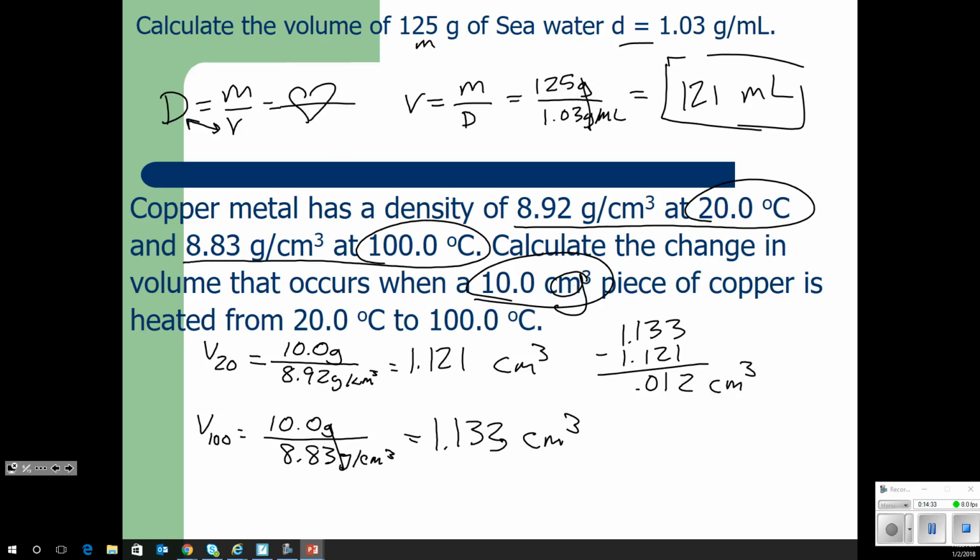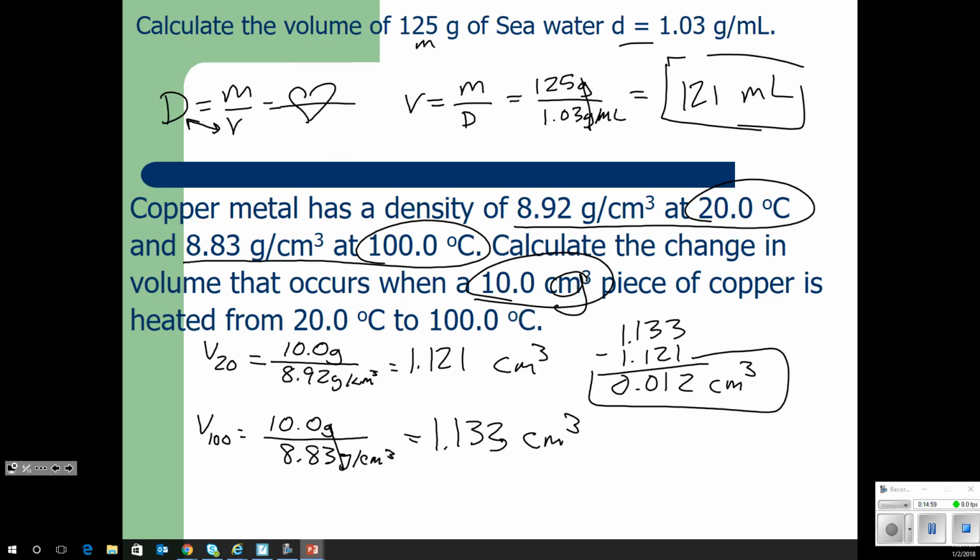By doing that and carrying a little bit extra to start with, I still am short by 1 significant figure because I only have 2 here, but that's okay. So I know I'm going to change by that much. So I've actually grown that much by heating it up in volume.